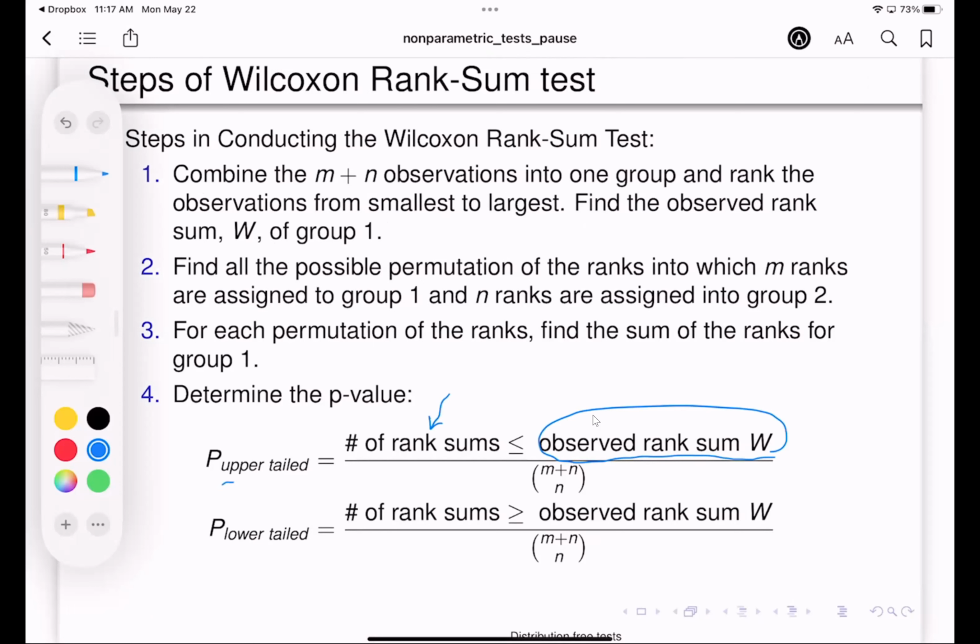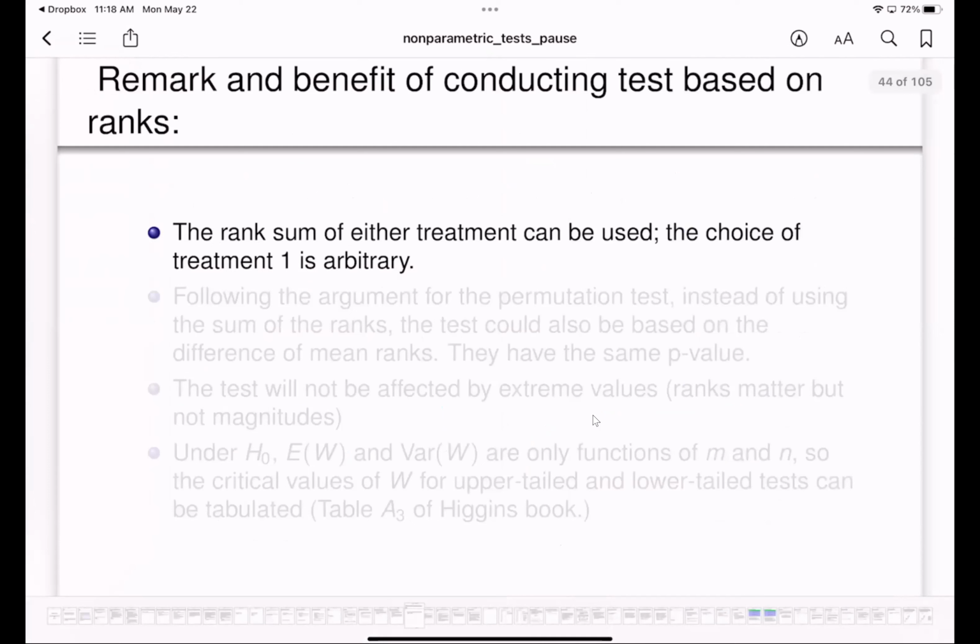Recall, because the upper tailed test is talking about F1 greater than F2, and F1 greater means that there are more observations on the left side, therefore we look at less than or equal to. This is the critical thing. For the lower tailed test, out of all those possible assigned ranks, we look at the number of sum ranks greater than or equal to the observed one, and then divide by the total number of ways of assigning the ranks. In this case, the total number of ways that we could assign the ranks is the combination m plus n choose n. That's illustrated with an example.